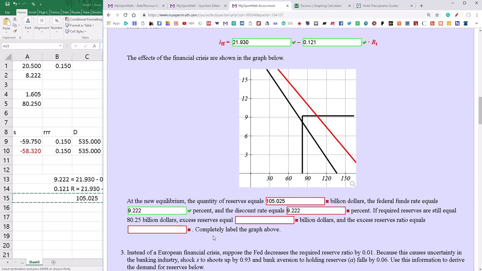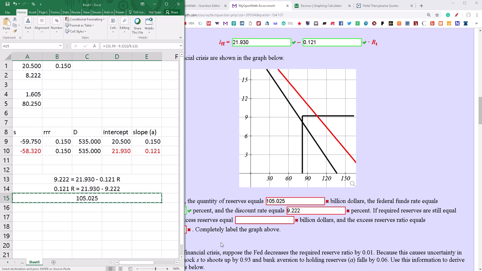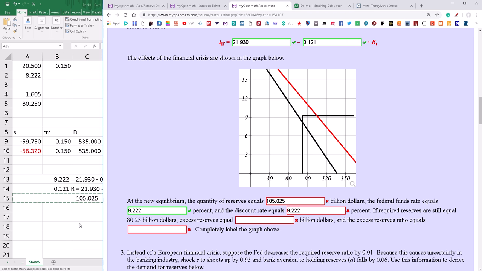Okay. What are excess reserves equal to? Well, required reserves are still equal to 80.25, right? So these are my required reserves here. My excess reserves are now equal to what?